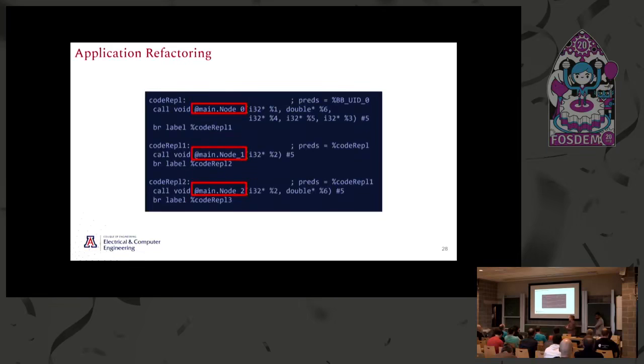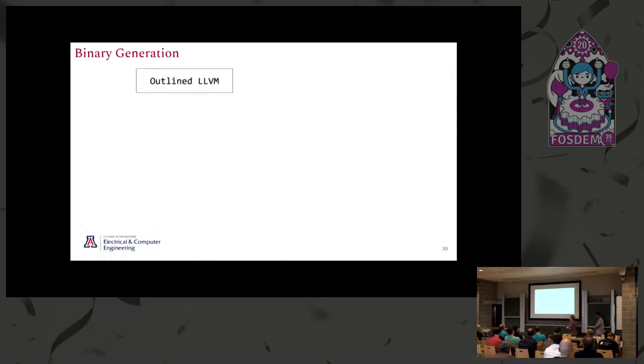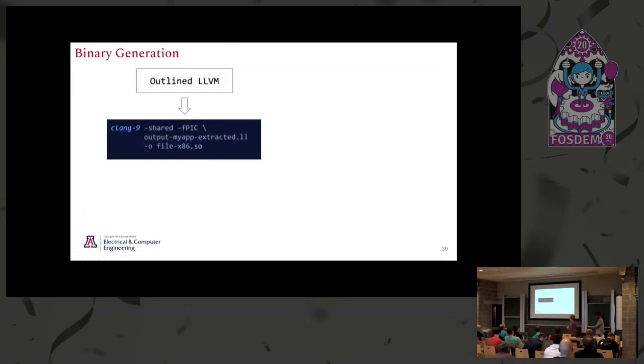And so the changed LLVM IR essentially looks like this, where nothing happens in between each of the node calls, and then we can generate the JSON-based DAG that calls those same nodes in the same sequence, along with allocating all of the variables that are necessary. And so with these two together, we're able to compile this new LLVM into a shared object.